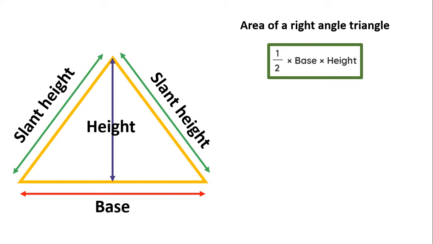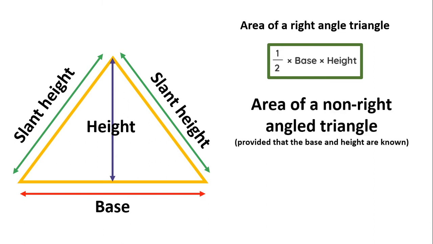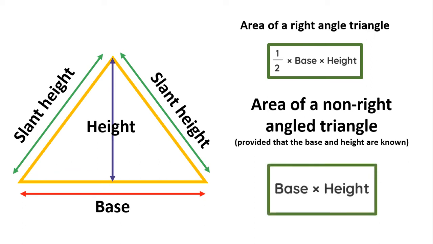And this one is the area of a non-right angled triangle, provided that the base and the height are known, which means that you should have your base and your height. Or perhaps you should know how to find the height from a given base and a slant height. But in the end, if you have these two measures, the base and the height, you can easily apply the formula base times height to find the area of a non-right angled triangle.